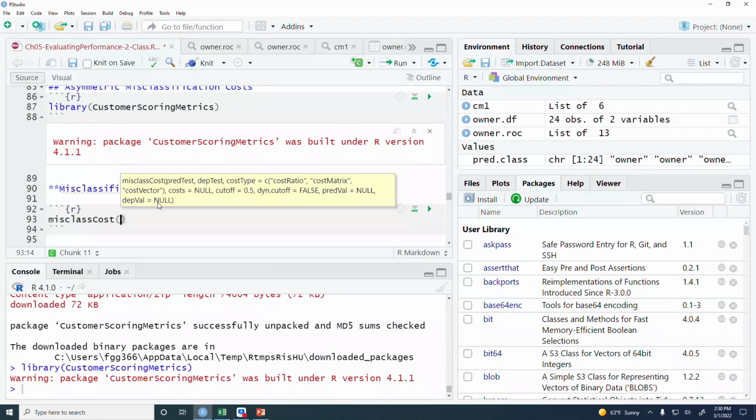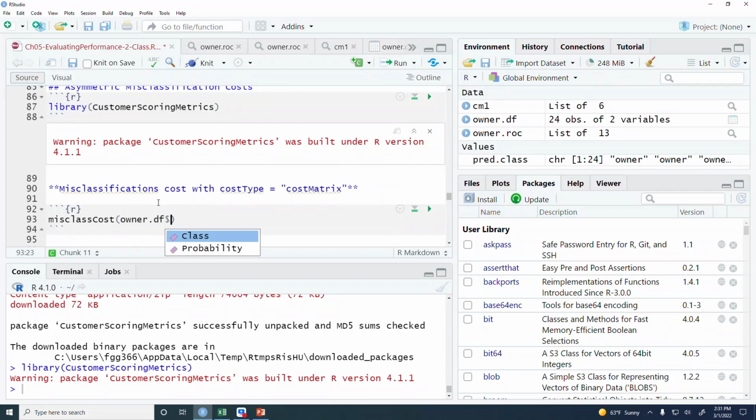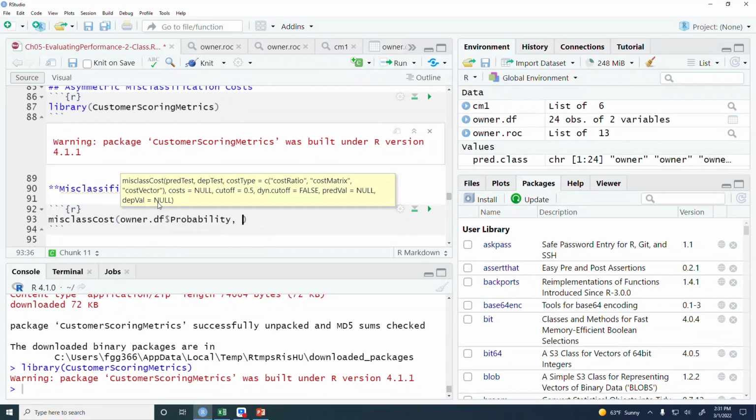Now this one wants the probability first and then the actual class, because different people create these different libraries and they have their own peculiarities. So we need the probability here and then the actual class. Those are the two basic pieces of information.